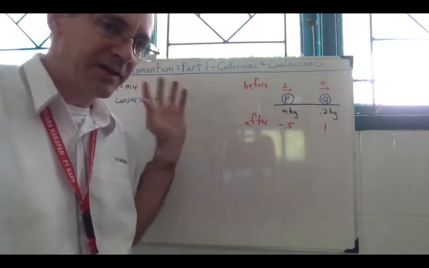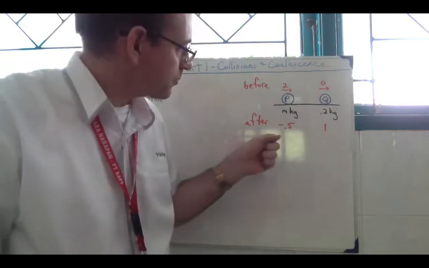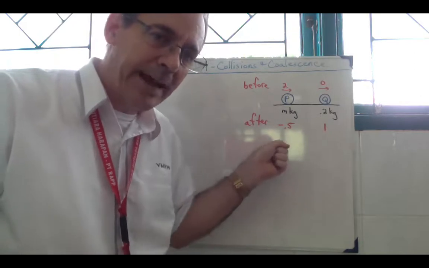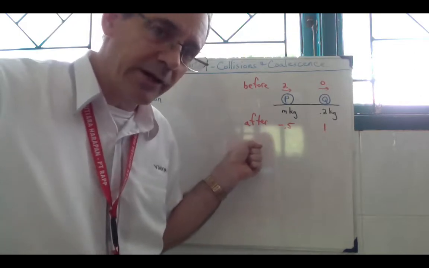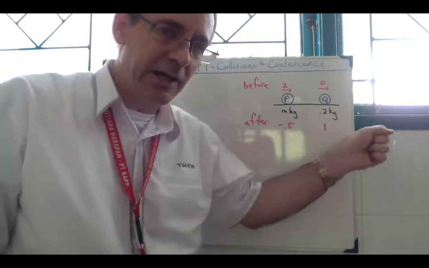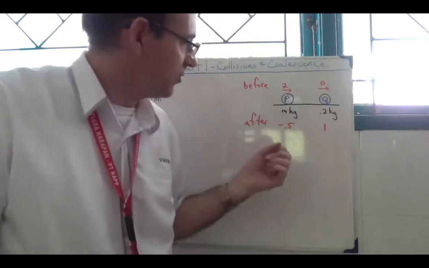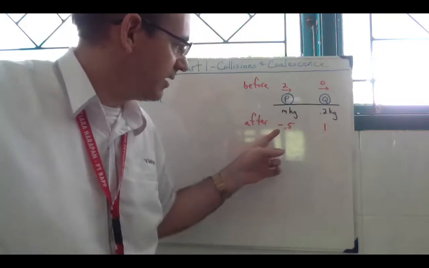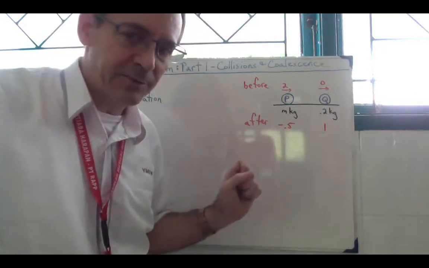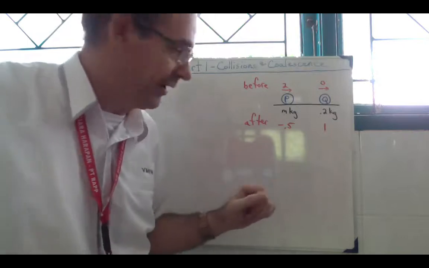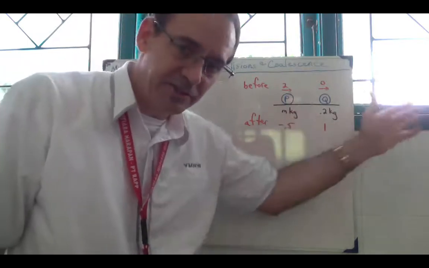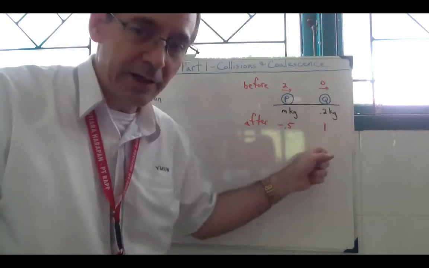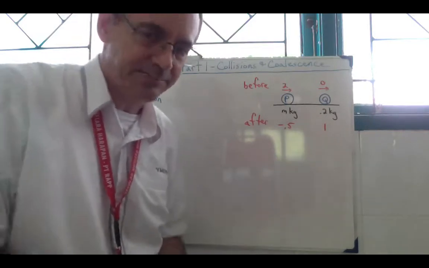It doesn't affect the concept of momentum, but you need to realize that velocity is now going back towards the origin instead of continuing on away from the origin. So we have a negative 0.5 meters per second because it's now going the other direction. And Q starts to go forward with 1 meter per second.